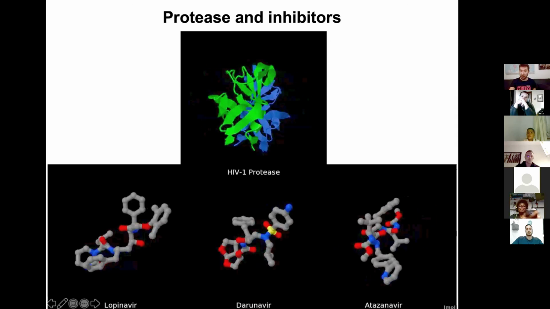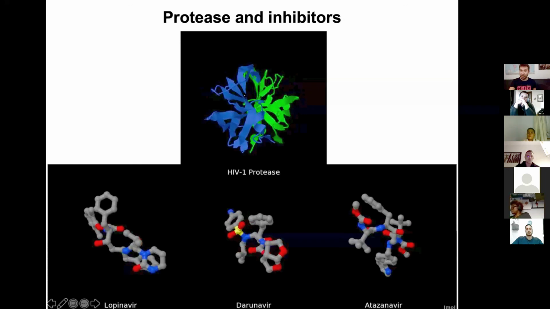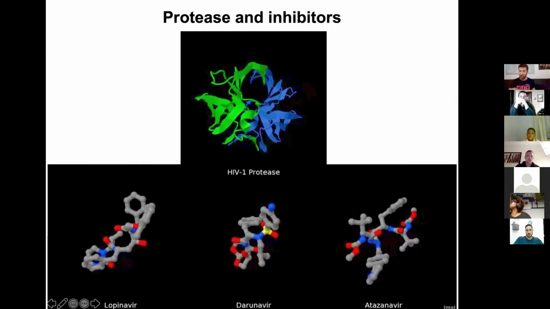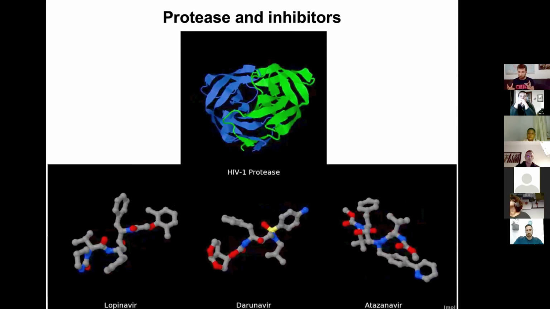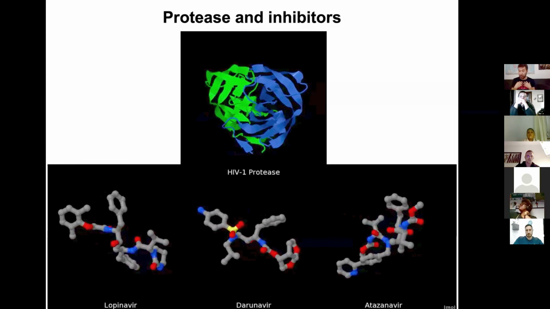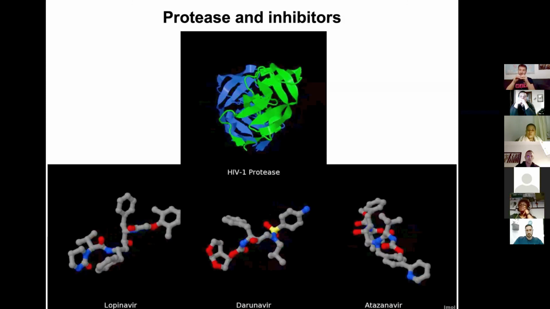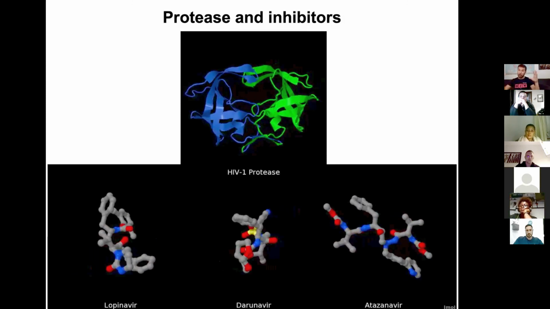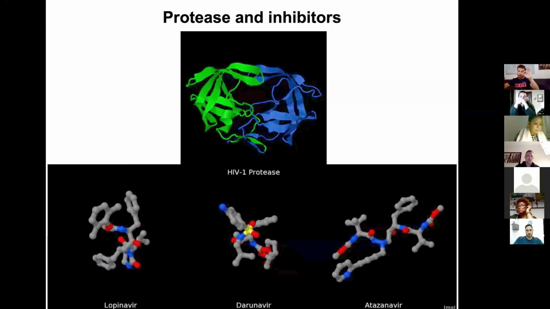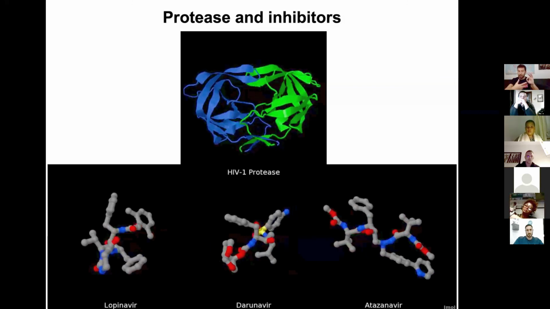Here you see the protease, and in the middle we have a hole. Do you know what protease does? We have many proteases in the body, and usually if you have fats or a long amino acid chain, it goes through this hole and the protease cuts it into smaller pieces.